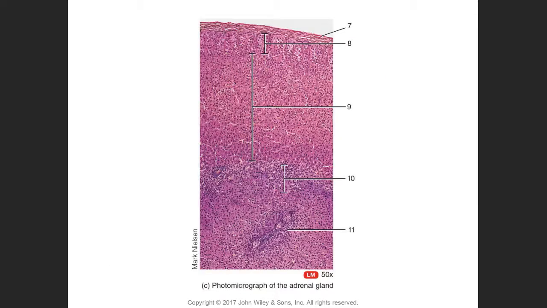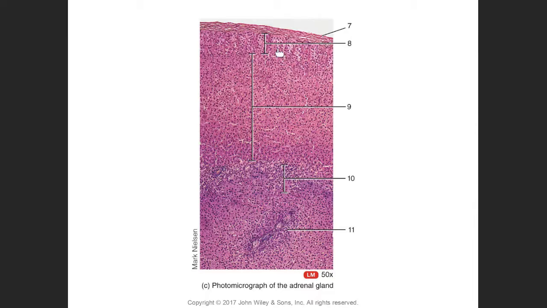And as I told you before, the cortex of the adrenal gland has 3 layers. The first layer, which is number 8, is called zona glomerulosa. The next layer, which is number 9, and the thickest layer, is called zona fasciculata. And the last layer, which is number 10, is zona reticularis.